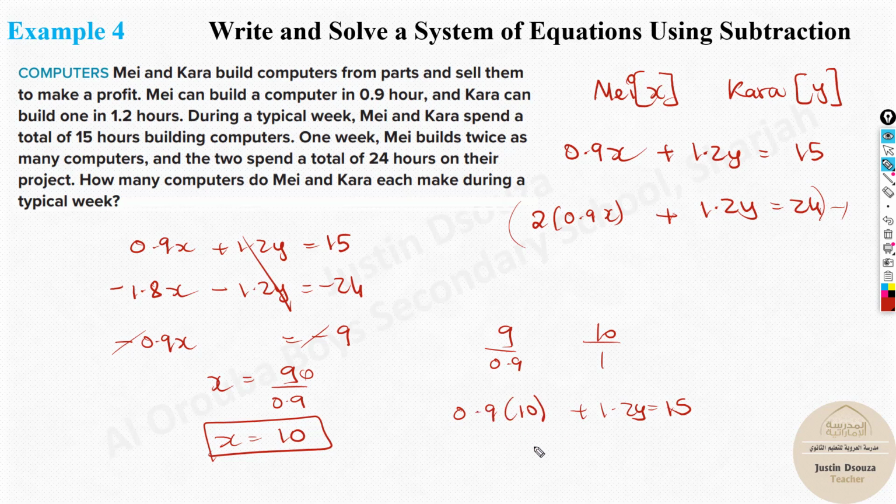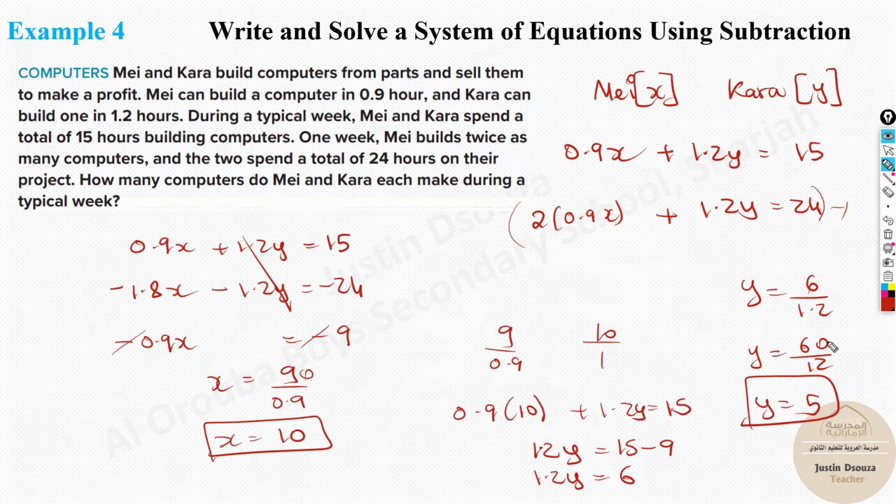I'll take the 9 to the other side, so 1.2y equals 15 minus 9, which is basically 6. So y is equal to 6 divided by 1.2. What I personally do is multiply both sides by 10. It will be 60 by 12, and y is equal to 5.